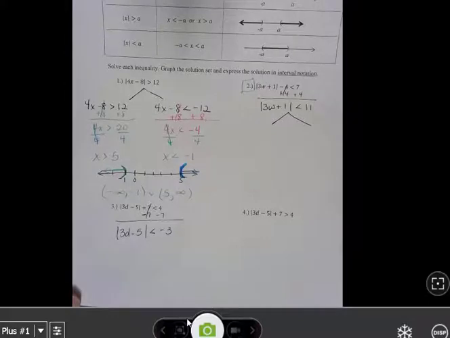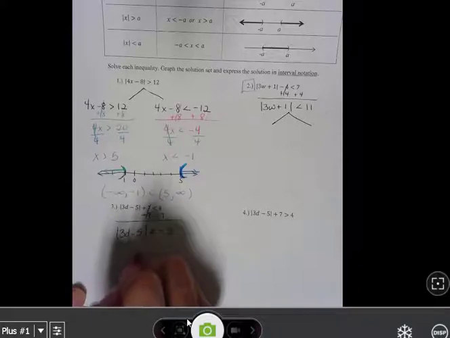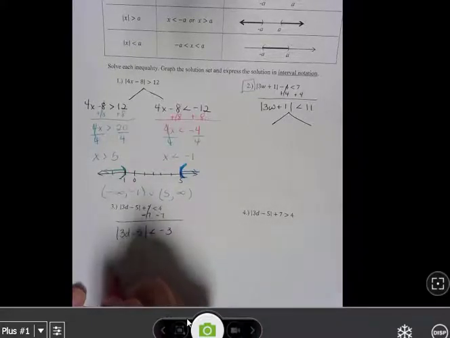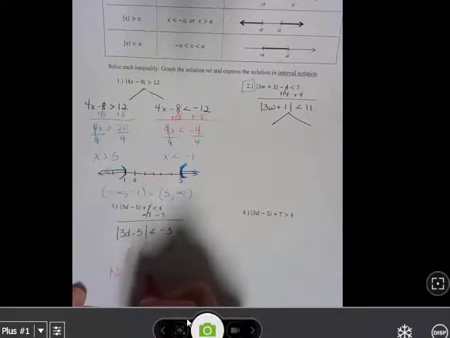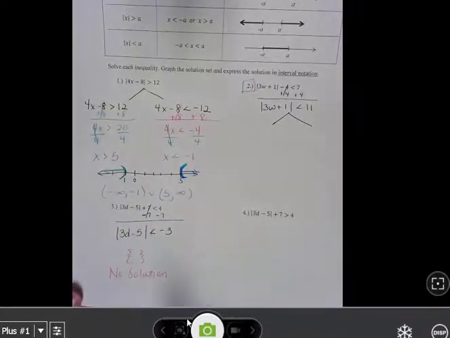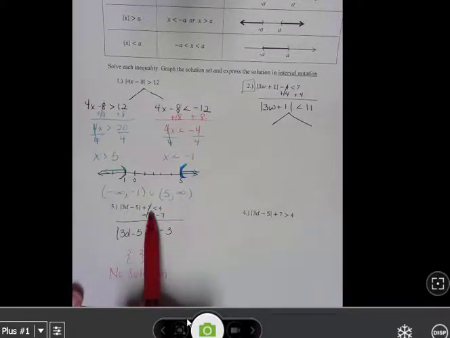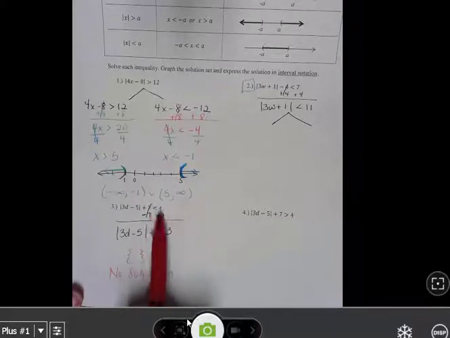Is it possible for the absolute value to be less than a negative number? In this case, that's not possible, so we have no solution, or the empty set. If you were to try any value in here, you would find that it didn't work, because we're adding this 7. Anything that's positive plus a 7 is not going to be less than 4.